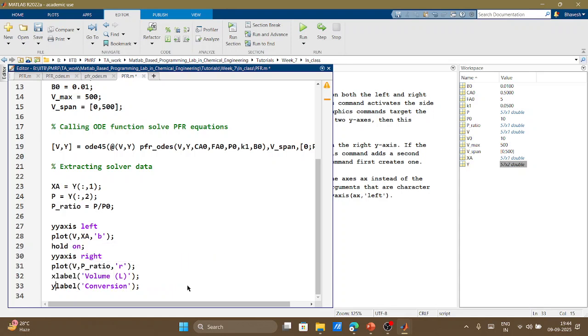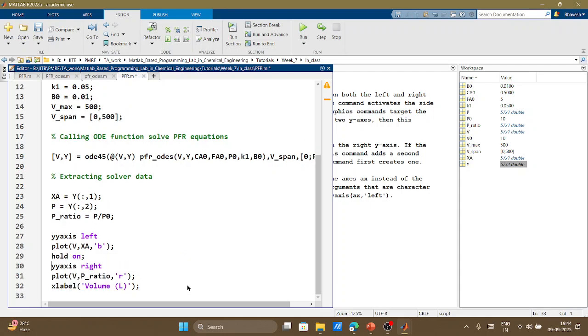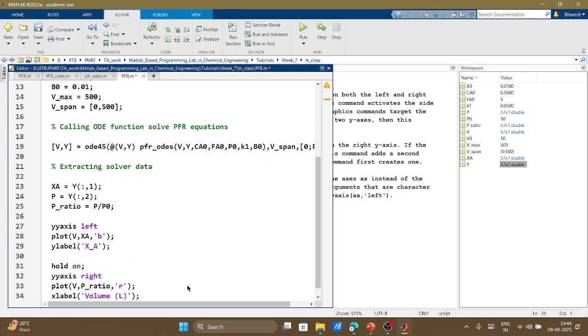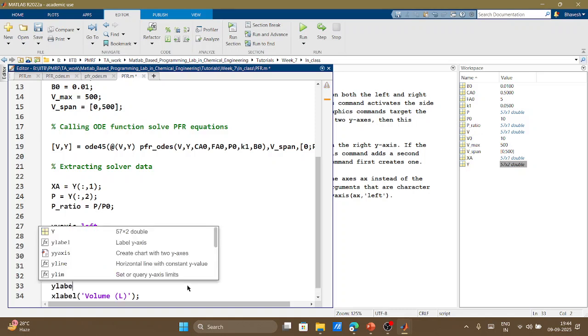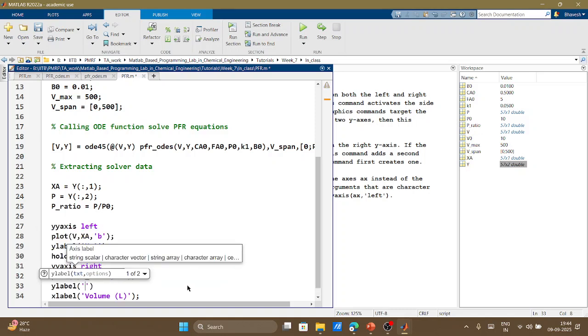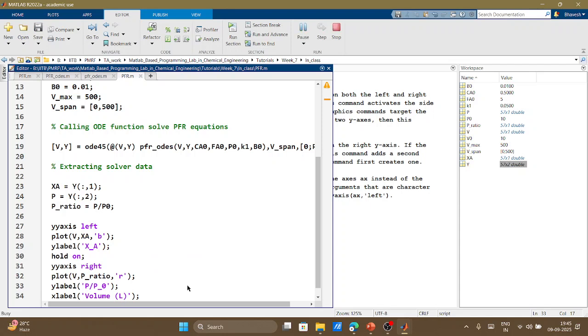Now for the label, conversion, or I can just write simply XA, that is better, XA. This ylabel should correspond to the left part, right? So I am putting it here. For the right axis I will have ylabel P by P naught. Okay, and let's run this.